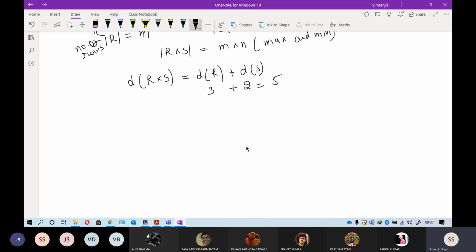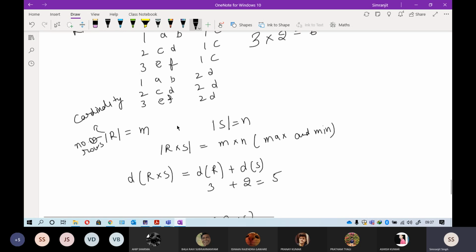Now when you want to apply a join, you write something like this. A join is a combination of two statements. Suppose you write select A equal to D, and you multiply the table R into S, the same table.